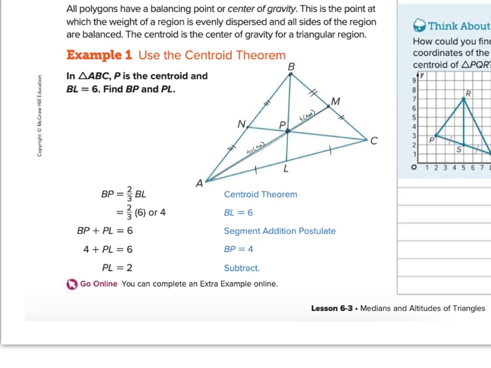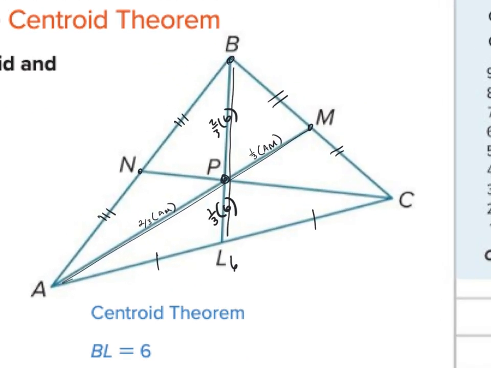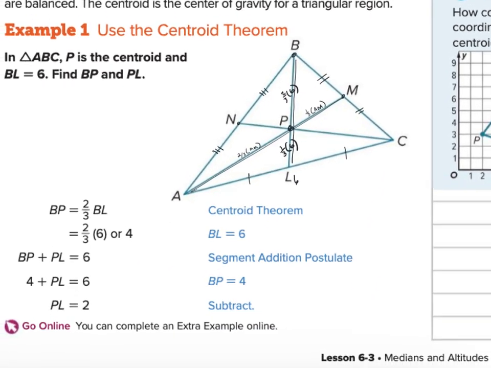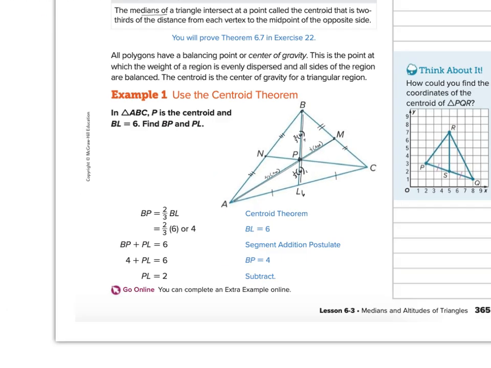So if I'm trying to find something out, they tell me that BL, the entire length here, is 6. This is 2/3 of 6. This is 1/3 of 6. And think about it: 2/3 of 6 is 4, 1/3 of 6 is 2. So we know that this length is 4. This length is 2. So that's how we're using this information. So the centroid.